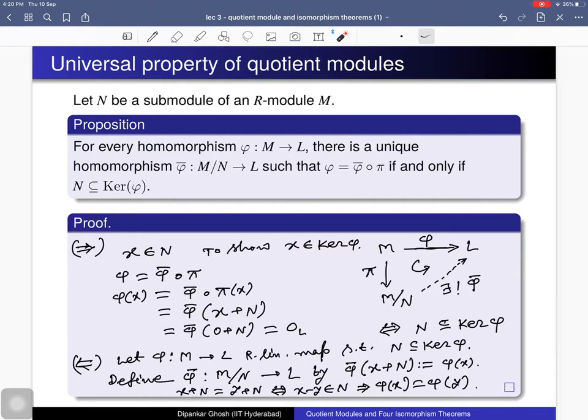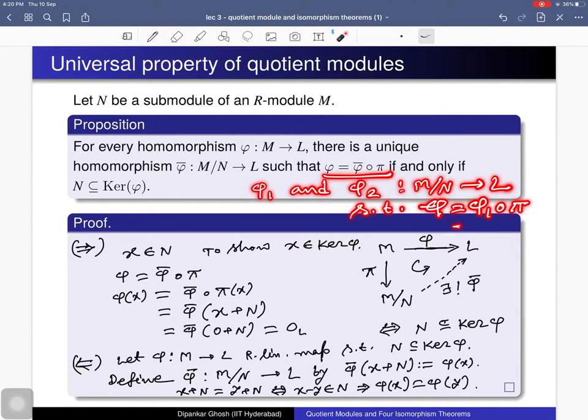Moreover, we need to verify that this diagram is commutative, that means this equality, and then we will prove uniqueness. So for uniqueness, suppose you have two maps phi1 and phi2 from M mod n to L such that you have this condition: phi is the same as phi1 compose pi, which is the same as phi2 compose pi.